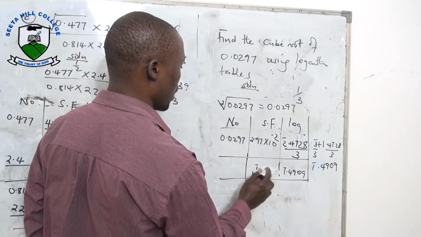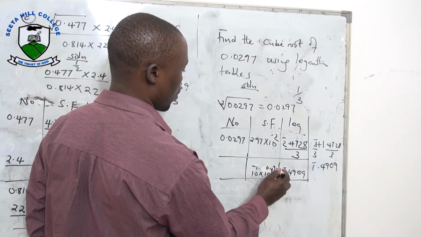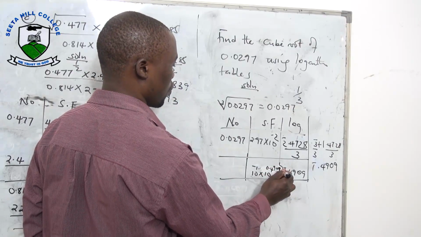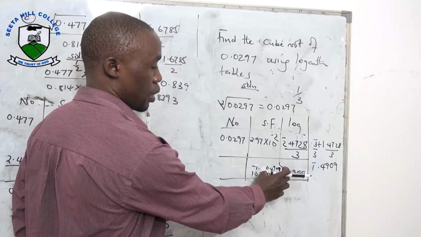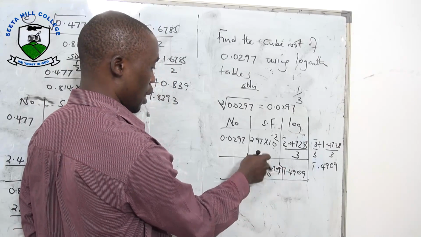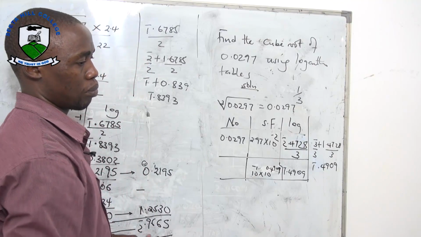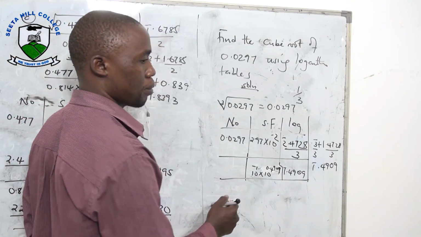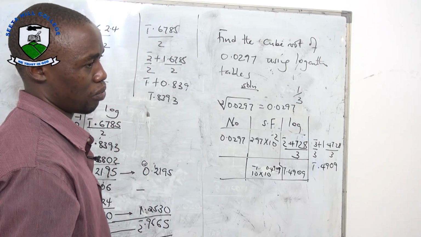So this will now be times 4909. Okay, what do you get here? First get this to 3 decimal places. The table gives this to 3. Then multiply. Patience, you have the answer. You doubt yourself.